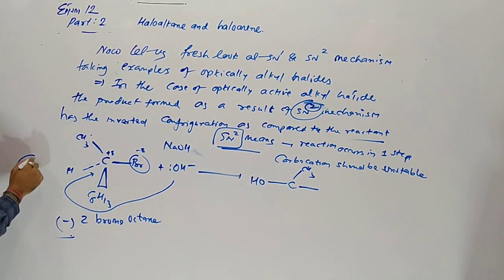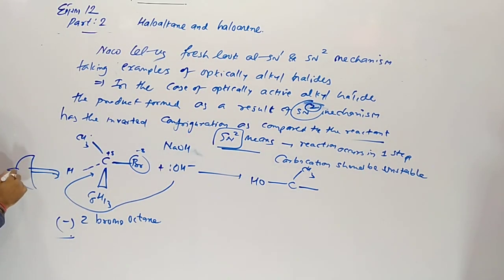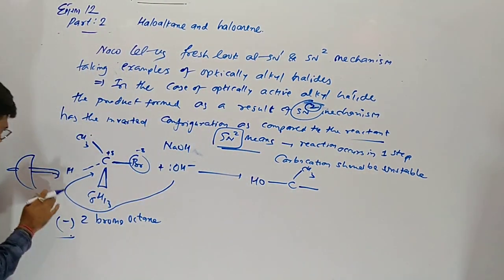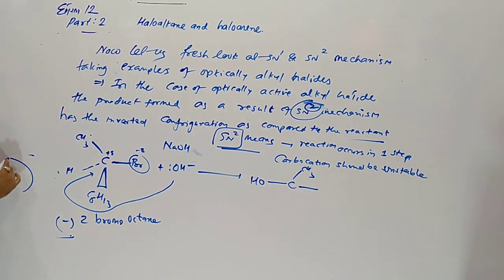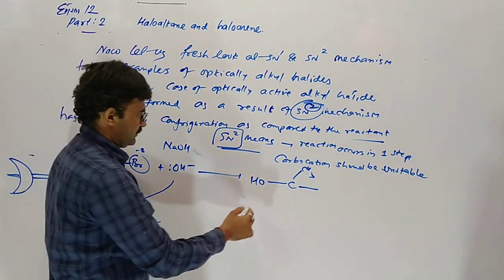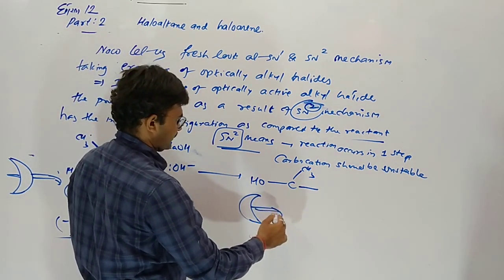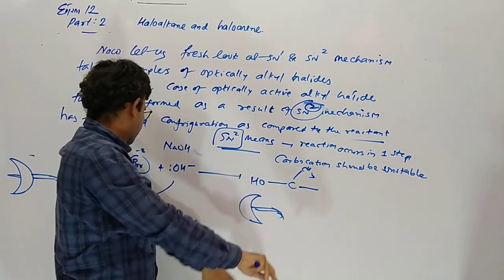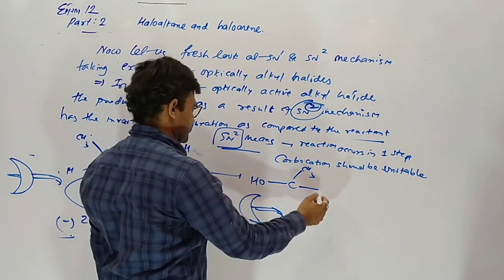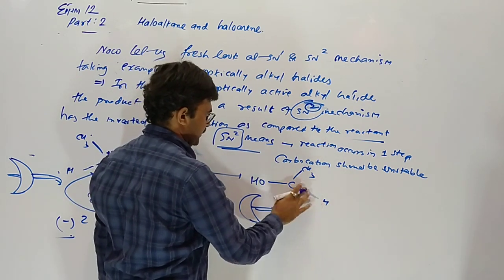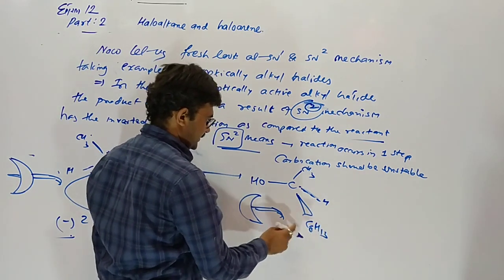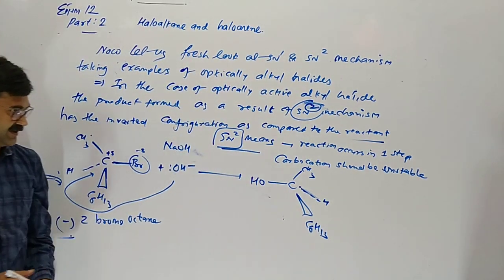All these three move to the other side like an umbrella, as we discussed. Now here is H on the dotted line, and C6H13. This is inversion, the opposite arrangement.